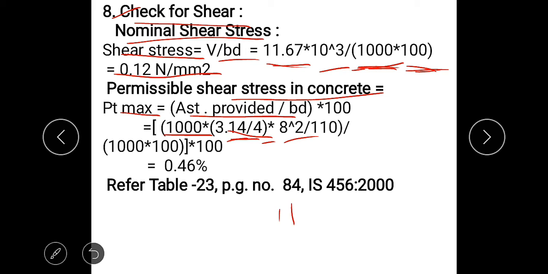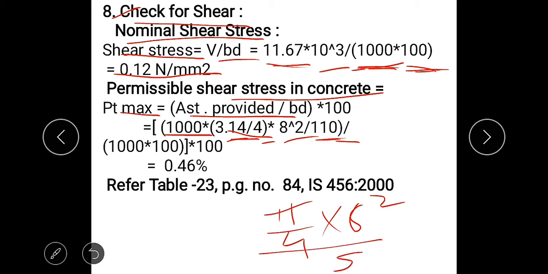And the spacing we took here is 110, so spacing 110 divided by 100. B is 1000 and D is 100. So the percentage of steel is 0.46.